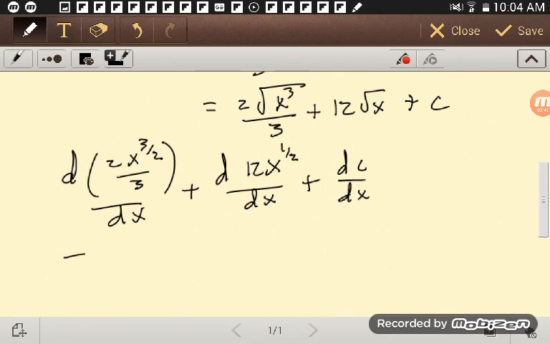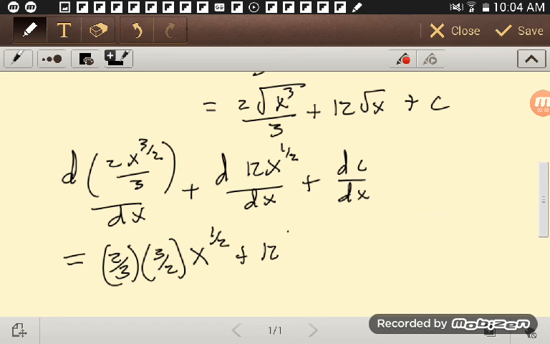When I do that, again, well, that's 2/3 times 3/2 x to the 1/2, and then plus 12 times 1/2 x to the negative 1/2, and then plus 0.